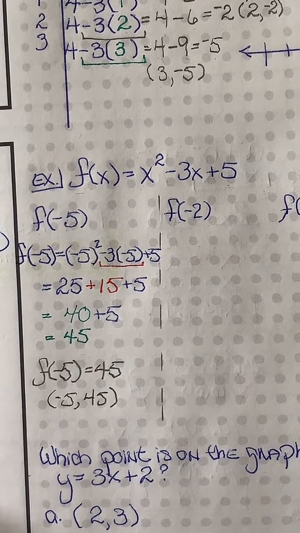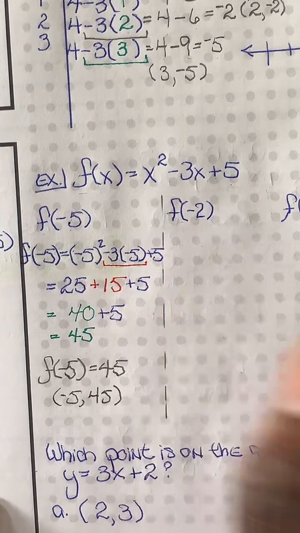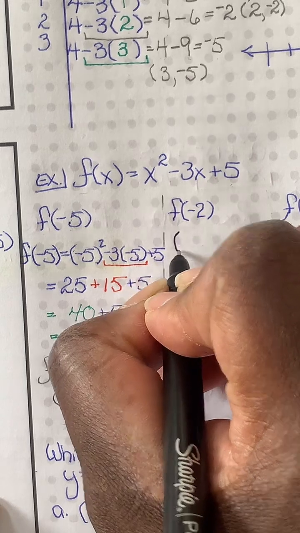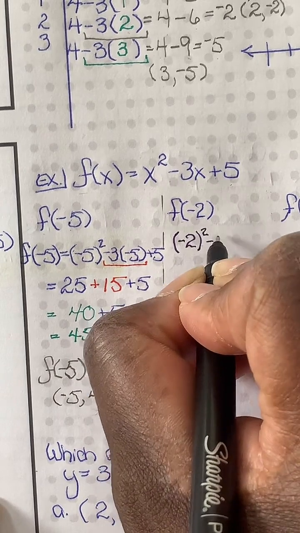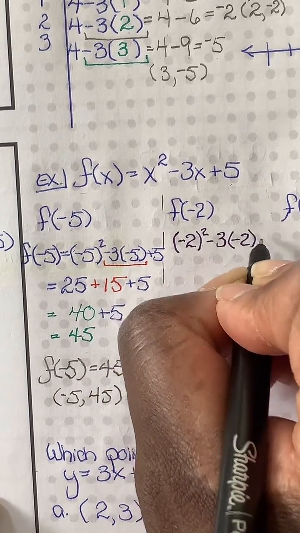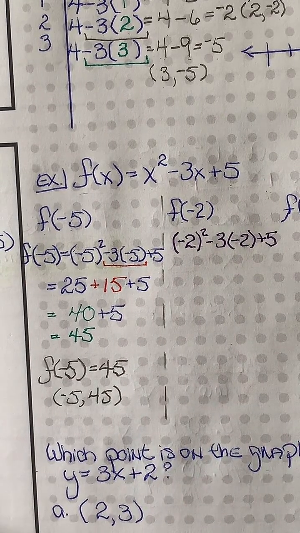So what we're doing is we're substituting the -2 in for the x's. So let me kind of do it this way, just so I can get my room. So I got -2 squared minus 3 times -2 plus 5.